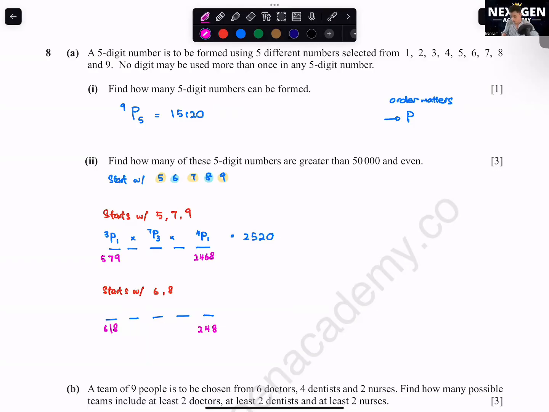If I use 8 already, then I can only use 2, 4, and 6. So here will be 2P1, 3P1, then the middle part, 7P3. Understand both scenarios? Okay, so here 1260. Your total combination is 2520 plus 1260, which you will get 3780.